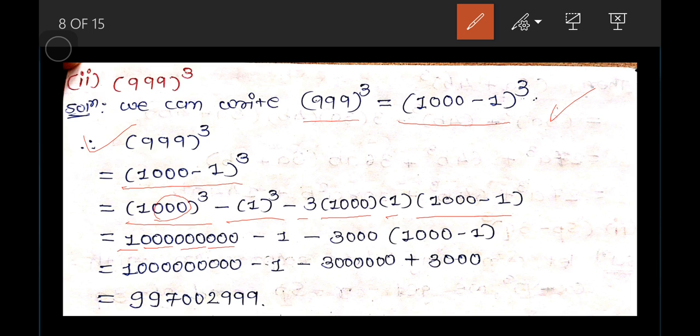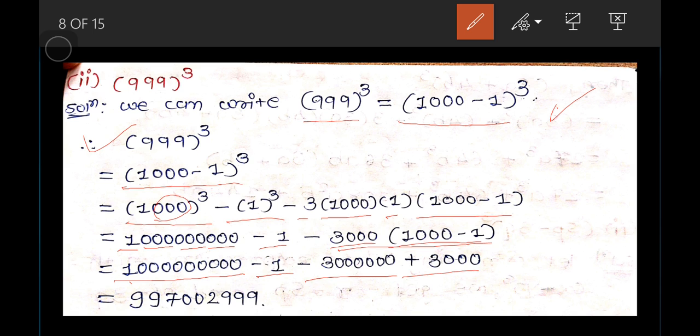So this is the cube of 1000. Now 3 into 1000, that is 3000, into 1000 minus 1. Now we multiply this product as given here, minus 1, minus 30 lakhs, plus minus minus plus, and 3000 into 1, that is 3000.